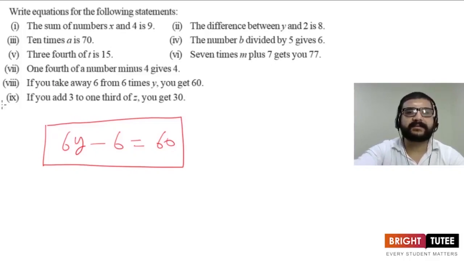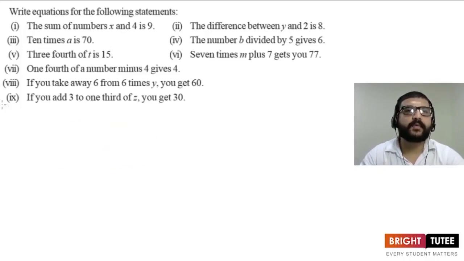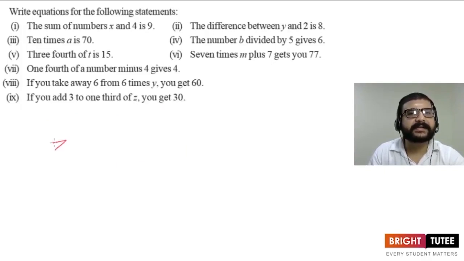Now the last statement given here is, if you add 3 to 1/3 of z, you get 30. So first what we have, 1/3 of z. 1/3 of z can be written as z upon 3. If you add 3 to it, you get 30.